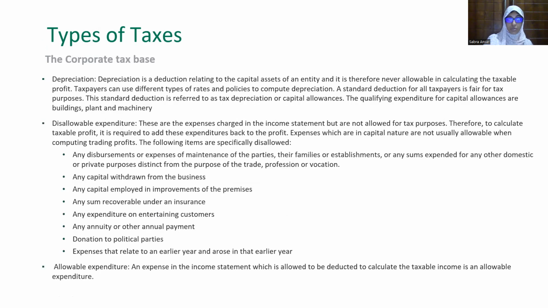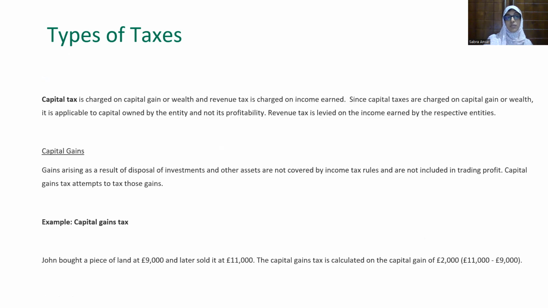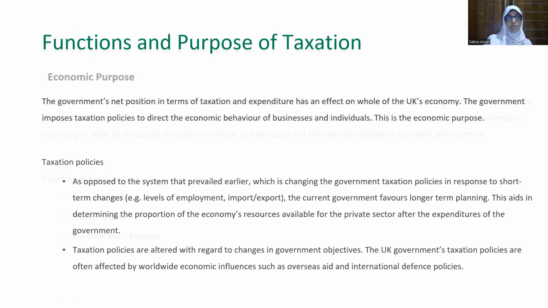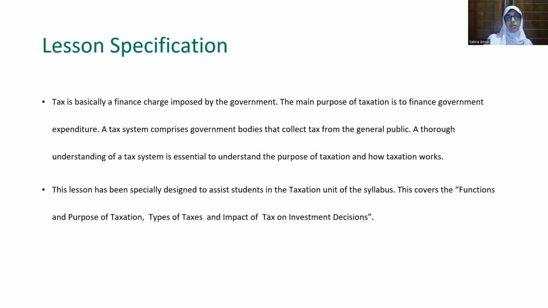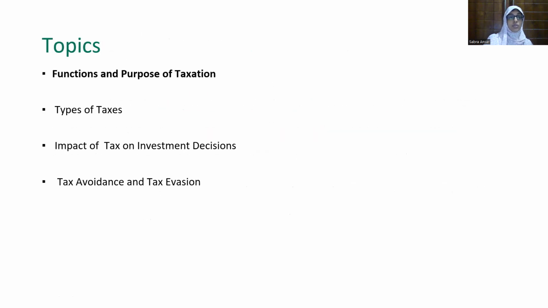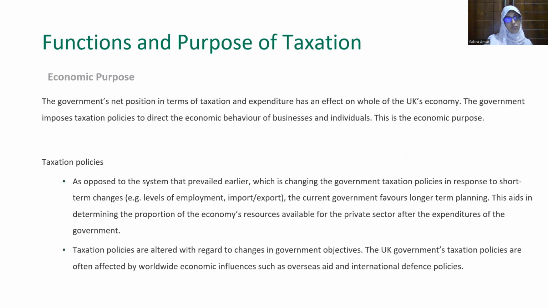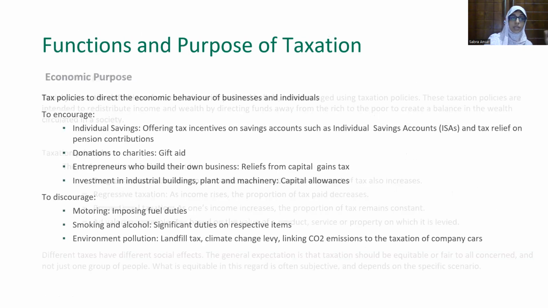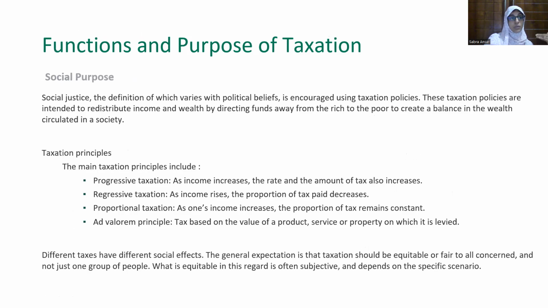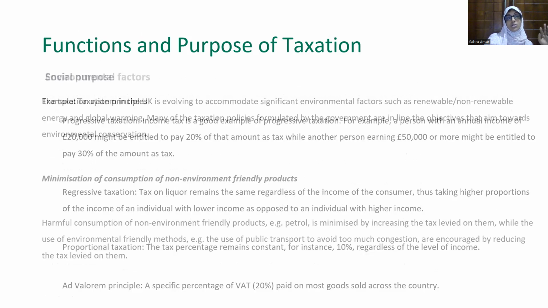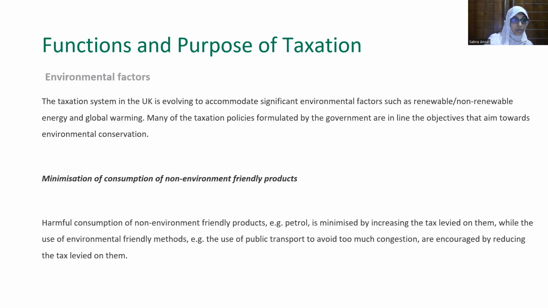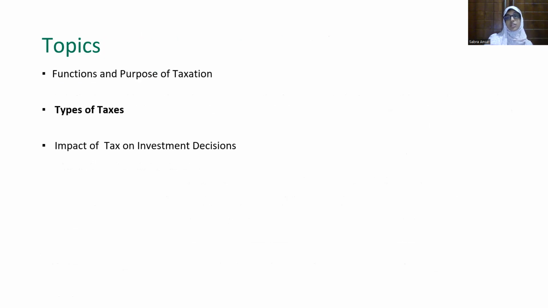If I do a small recap of what we've done in this particular topic: we talked about the functions and purposes of taxation. We spoke about the economic purpose and the social purpose, and we also talked about different environmental factors and how they affect taxation.